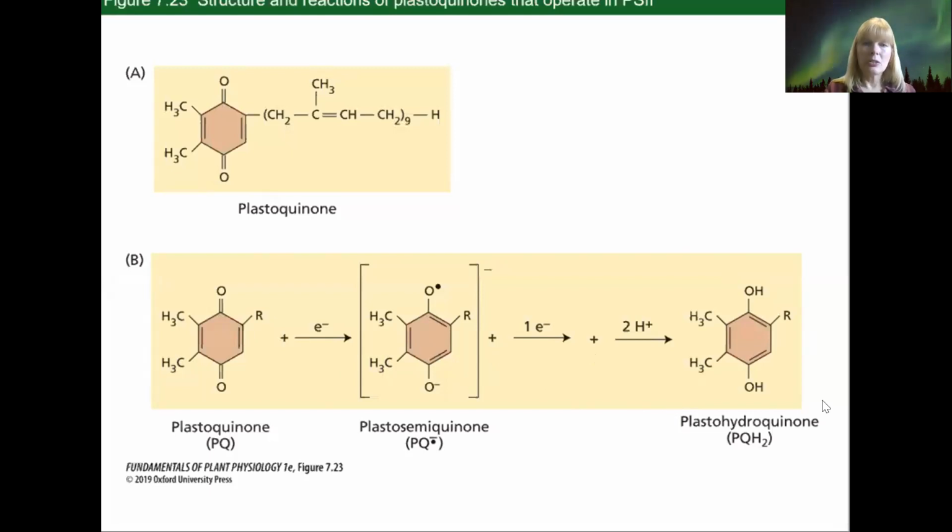All right, so plastoquinol, as you can see, is actually the top structure here. They just zoomed into the benzene molecule here, or the ring structure here.